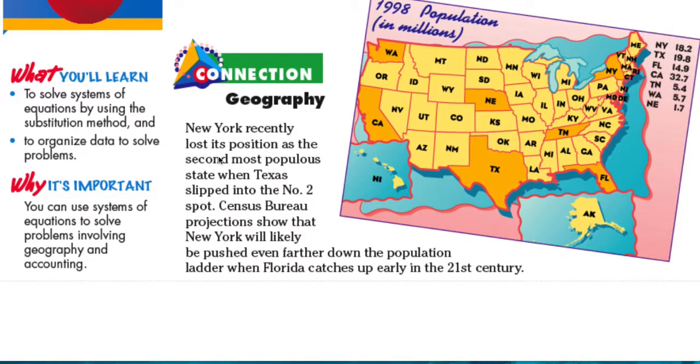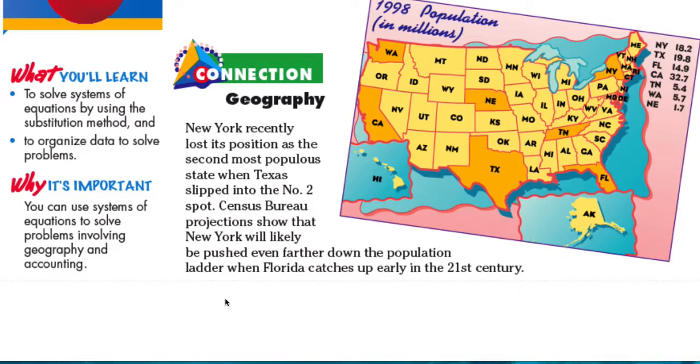New York recently lost its position as the second most populous state when Texas slipped into the number 2 spot. Census Bureau projections show that New York will likely be pushed even farther down the population ladder when Florida catches up early in the 21st century. And that's where we are right now in the 21st century.